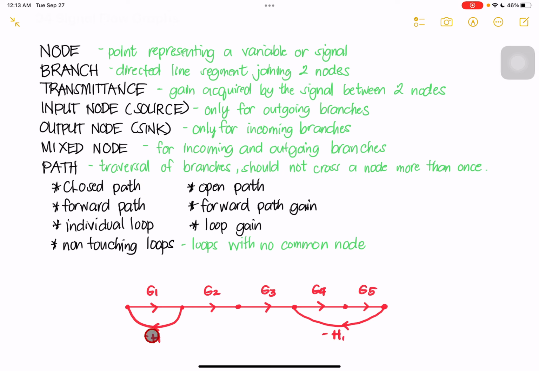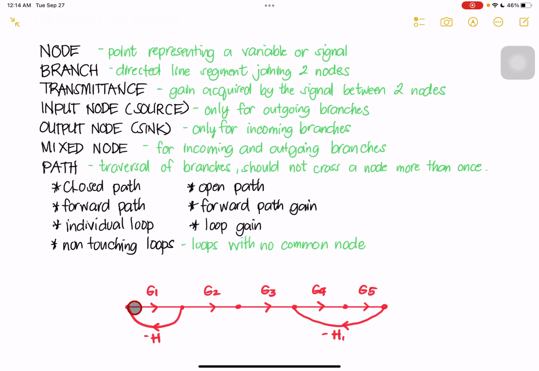Ito, closed path to. We have the forward path. Yan, padiretso lang. We have the individual loop. Yan. Non-touching loops. Ano ba yung non-touching loops? So, ito yung mga loops na wala siyang tinatouch na ibang loops. Wala siyang common node. So, loop 1 and loop 2 are non-touching loops. Open path. So, open path lang itong padiretso.